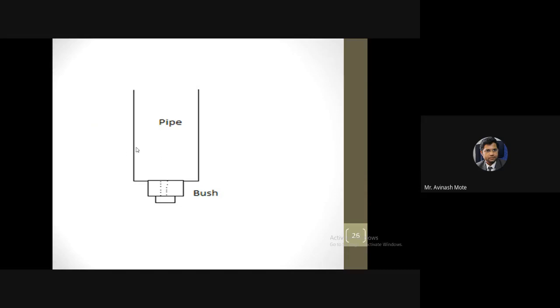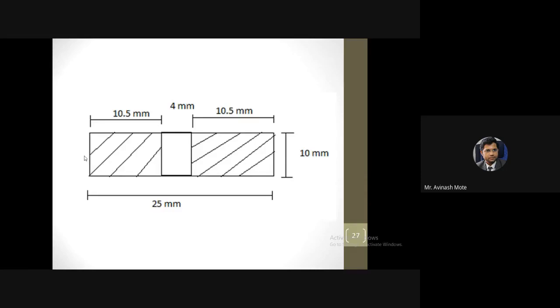So load we got, area of the bush we know. Now if you check this cross section, how to calculate the area of the bush? The middle one is a hollow section, so I want only the effective area. If I want the total area of the bush, it is simply pi by 4 d square, where d is the 25 millimeter total diameter.